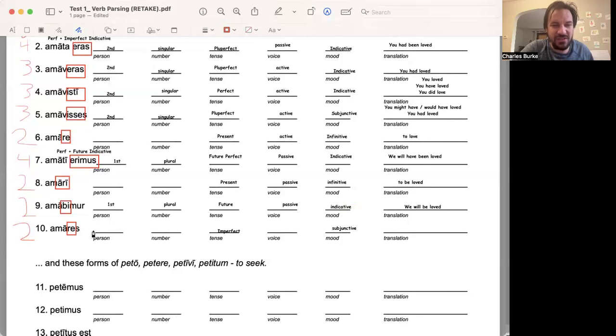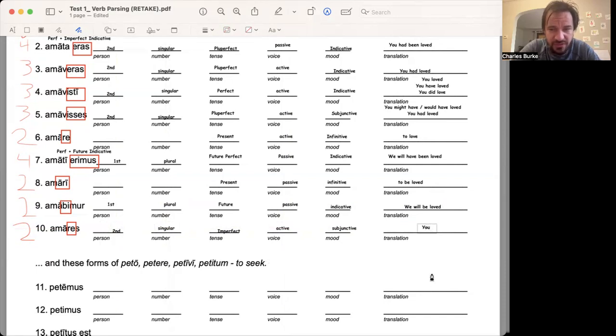But yeah, the ending is just S. So the S tells me, because it's from OST, mus, tus, nt, that's our active pattern of endings, it tells me it's active. And this is your second person singular from that active series.